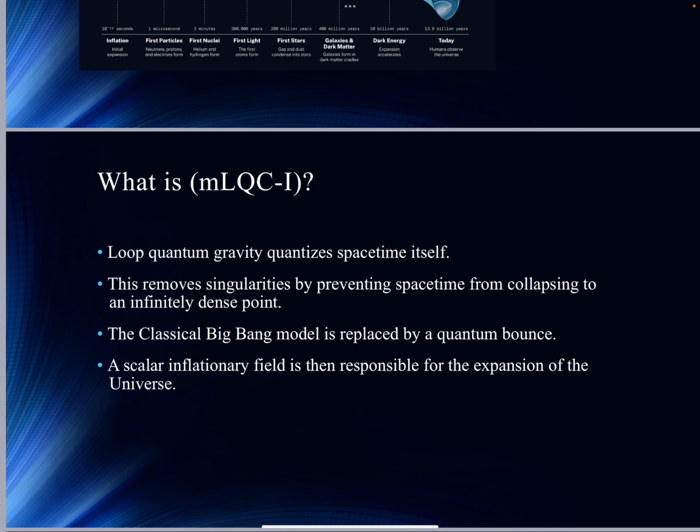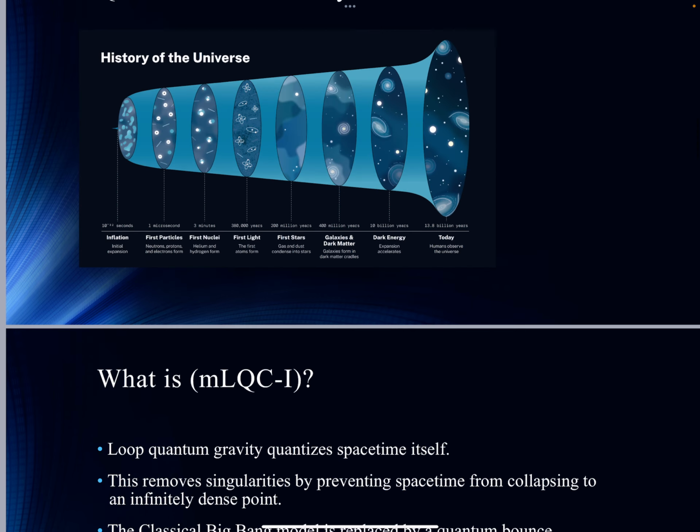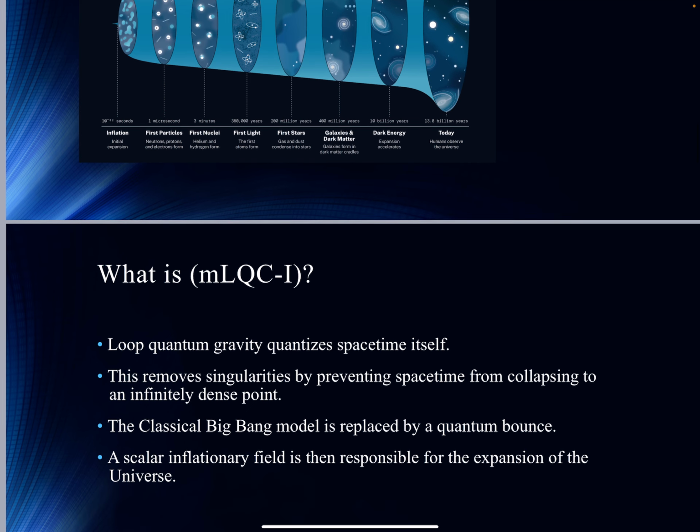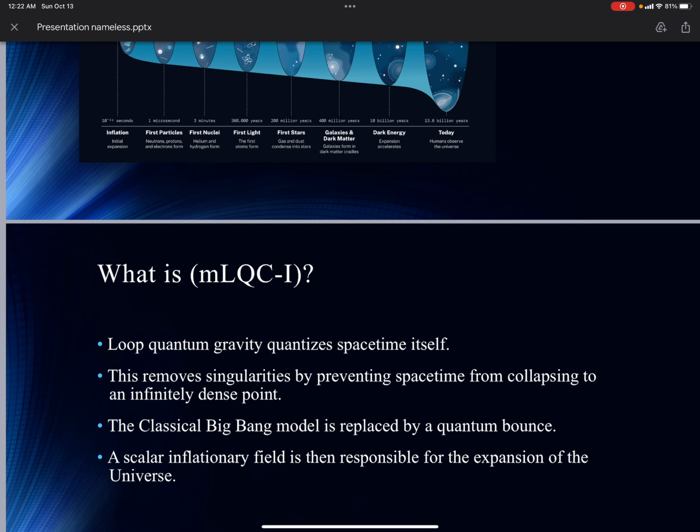So, before the Big Bang, we can think of the universe as being in this state of contracting. So the universe is getting smaller and smaller and smaller. And due to quantum effects at that very beginning, you see we have inflation at 10 to the minus 32 seconds. Even before that, we have the universe contracting to this very small point, and as it gets close to the Planck length, we have quantum effects.